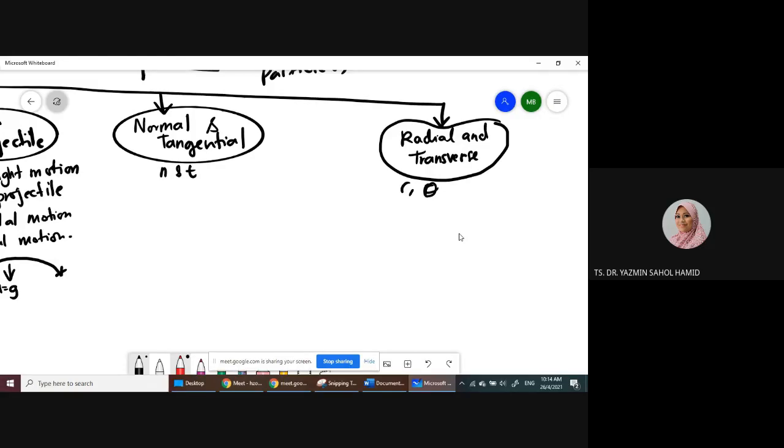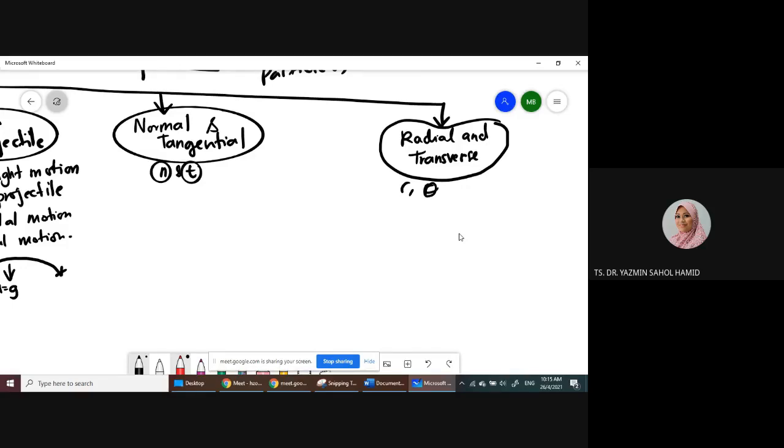Usually for normal and tangential components, for normal we use the symbol N, and for tangential we use the symbol T. When the path along which a particle travels is known, then it is convenient to describe the motion using the N and T coordinates.